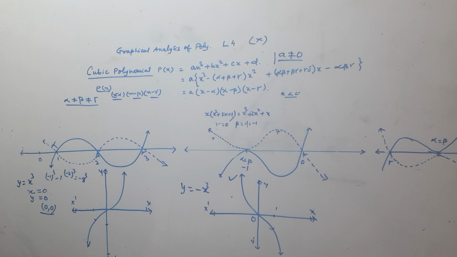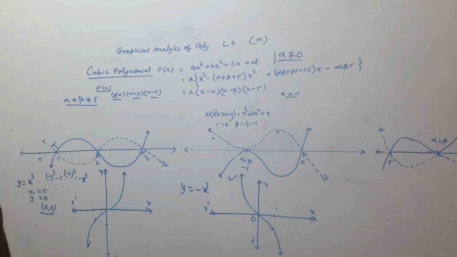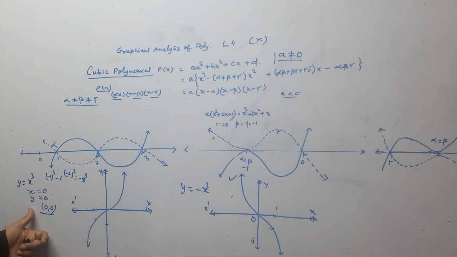So this is the graphical explanation of the cubic polynomial. All three cases are possible: three different zeros, two equal and one different. It may be the reverse of this one also. Now see, here there will be only one zero because it is a perfect cube.